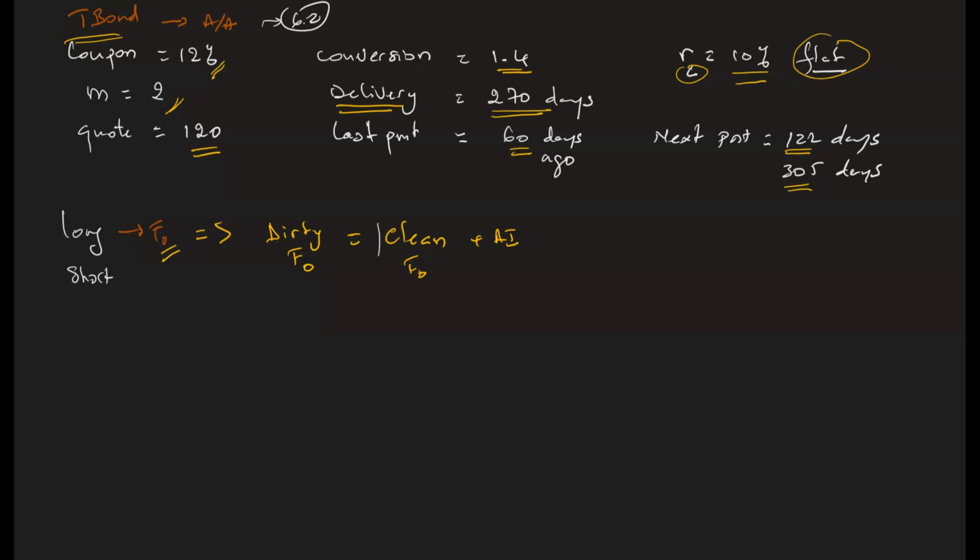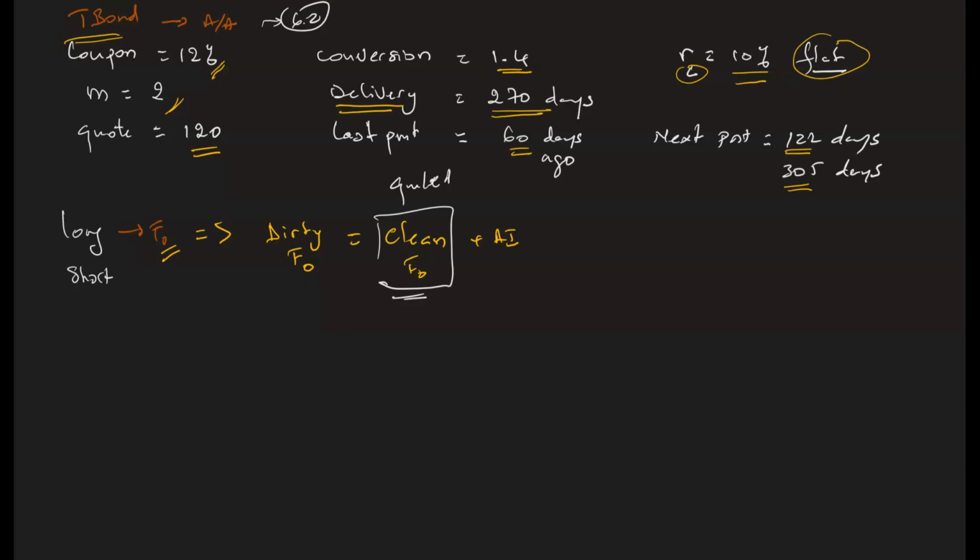Now, the clean futures price is the quoted price. And we saw in an earlier video that this clean futures price is the clean futures price for the cheapest to deliver bond, because we have a range of securities that can be delivered over that period.